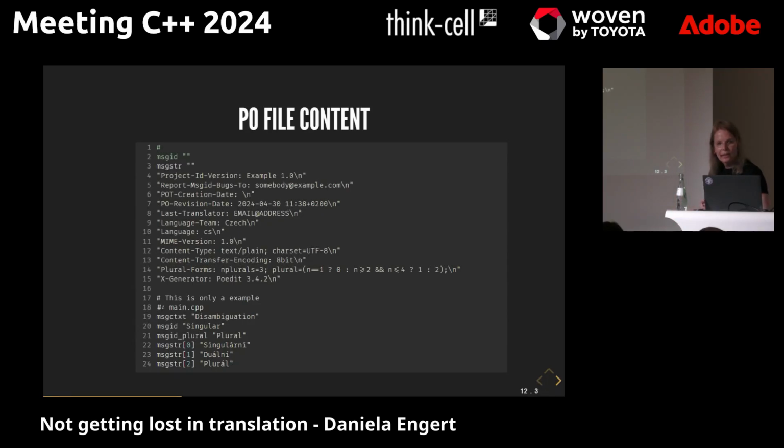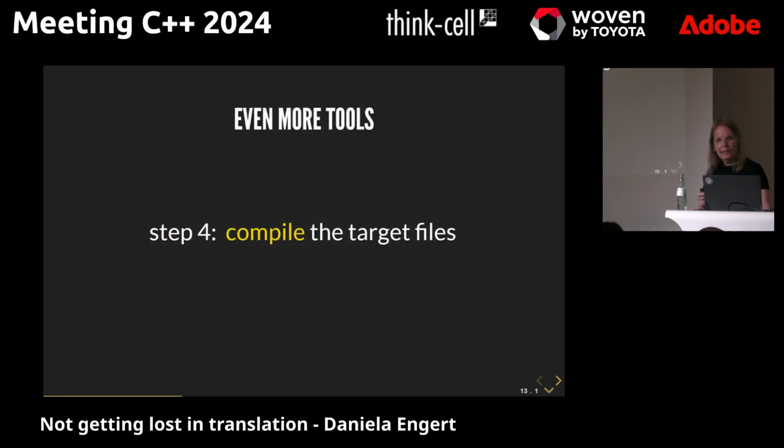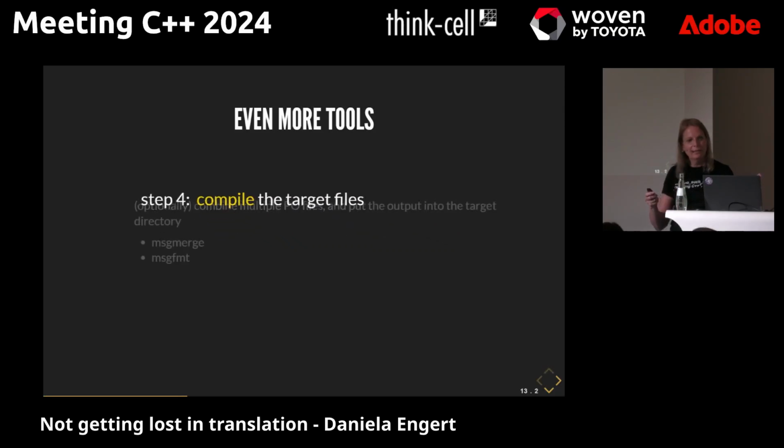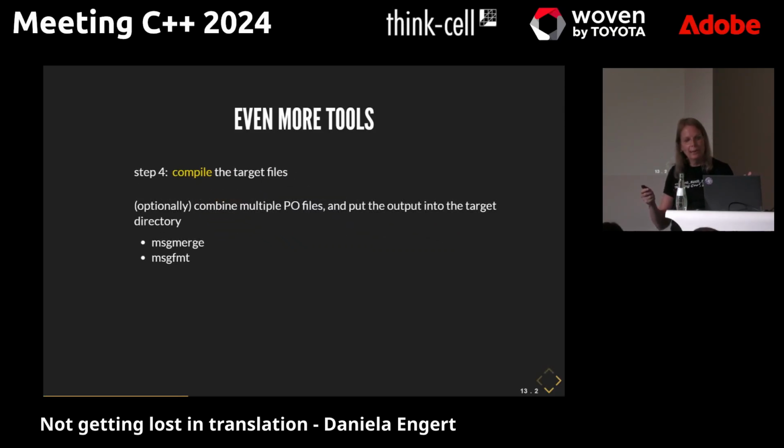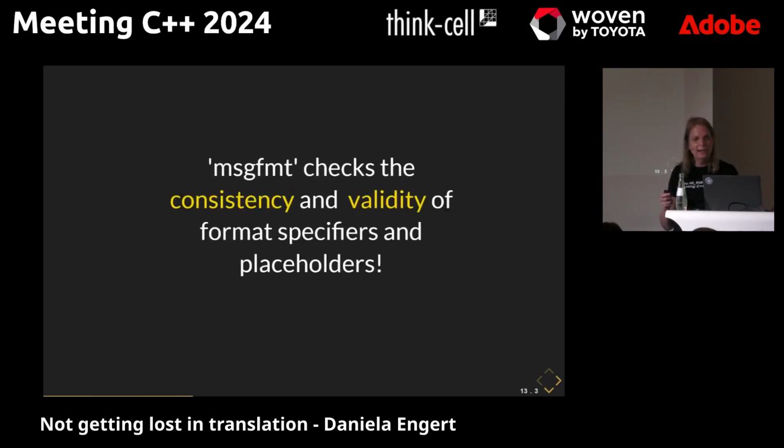And you have even more tools then to go from this textual representation of a translated file into something that is then merged together. As said, we possibly have multiple subsystems that you can support, and we can also check the context of these files.